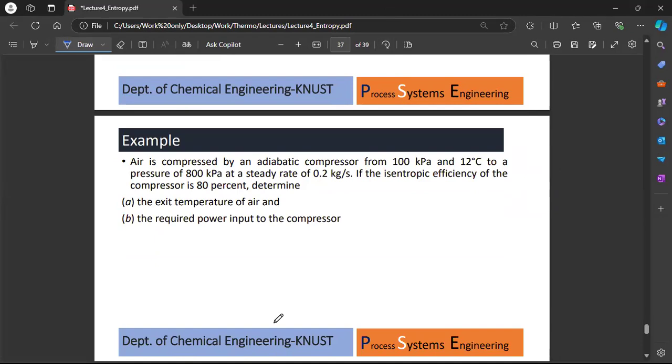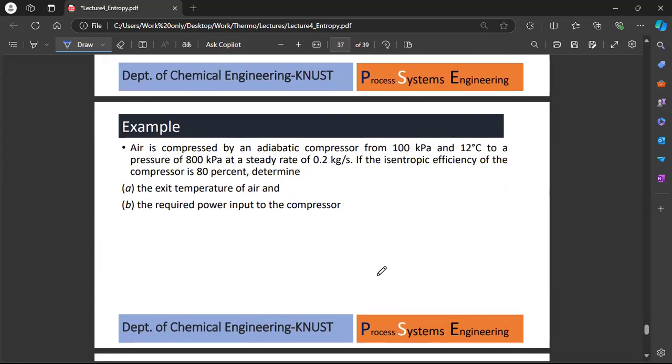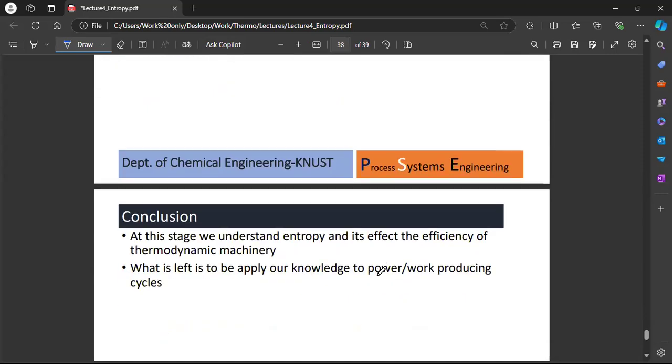So air is being compressed by an adiabatic compressor from 100 kilopascal and 12 degrees Celsius to 8, if the isentropic efficiency of the compressor is 80%, we are being told to determine, right? And then you can send me your solution. If you get stuck, I will guide you through, and that will be it.